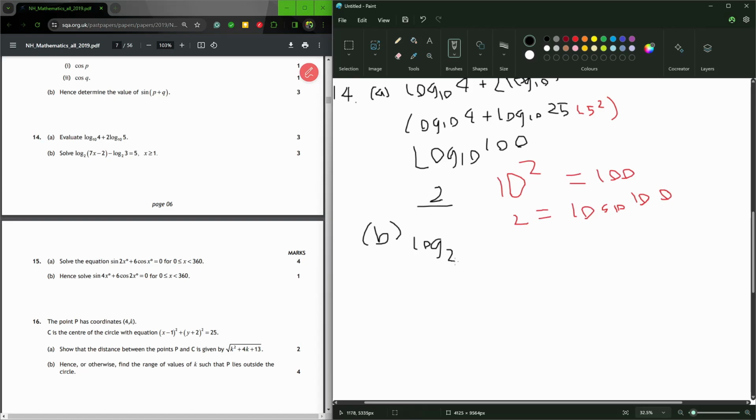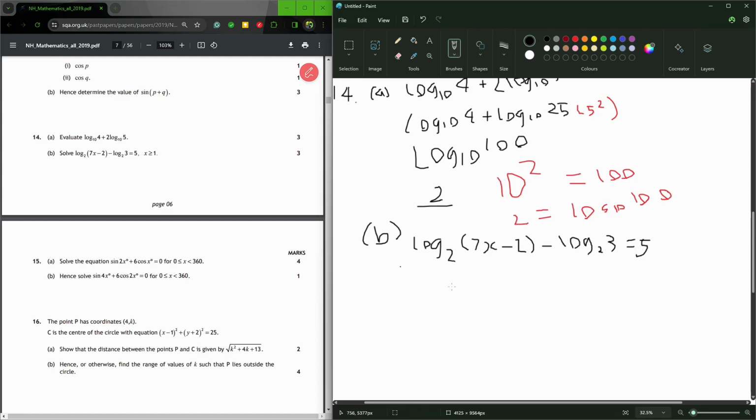So that means log base 2, I'll just write it out here, equals 5.